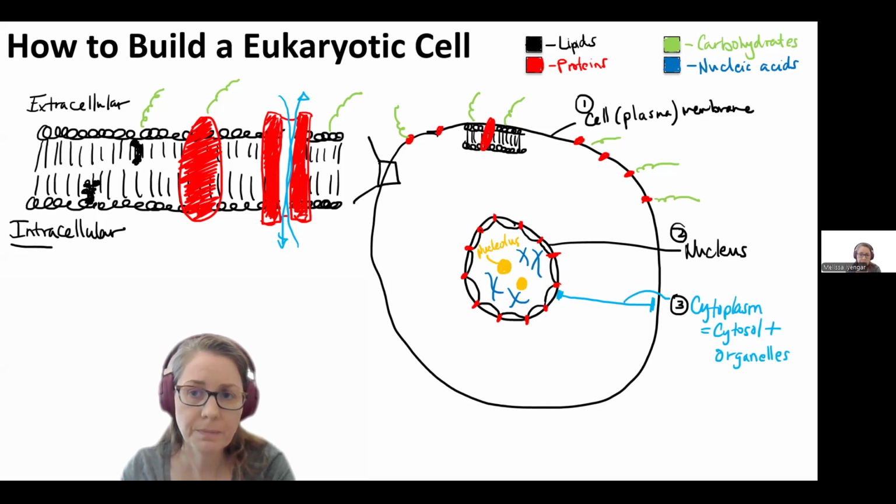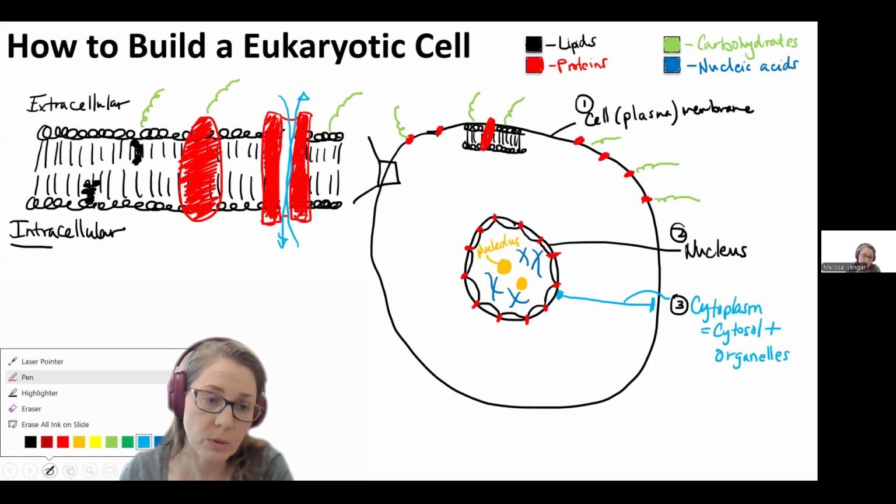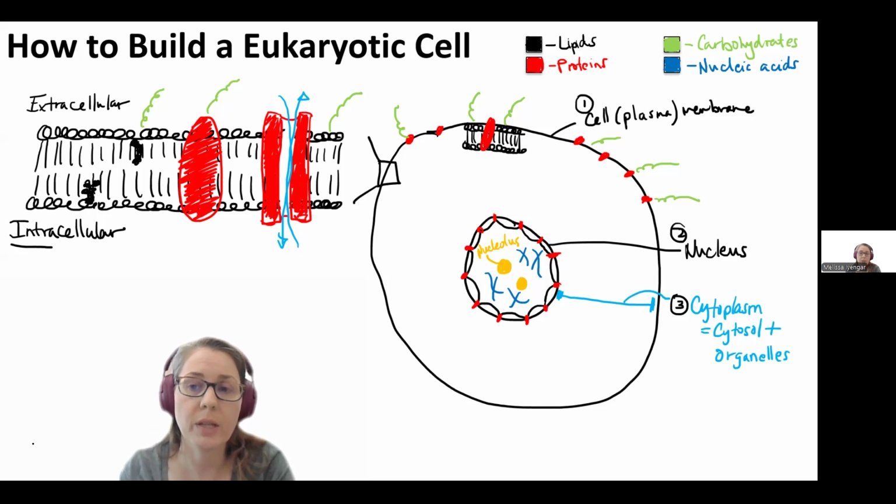Okay. There are some exceptions to this rule where some eukaryotic cells do not have a nucleus. That includes red blood cells, but they do have a nucleus at some point during their life cycle. So normally all eukaryotic cells have to have a nucleus. Then you can have organelles.